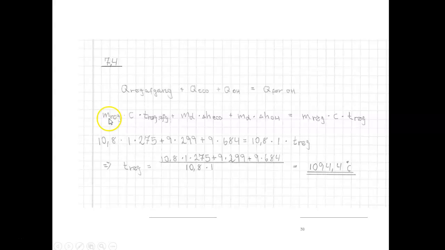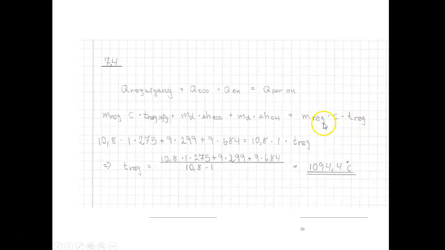So we say mass smoke times specific heat capacity smoke times T smoke, plus the mass of steam times the delta enthalpy from the economizer, plus the mass of steam times the delta enthalpy in the superheater.